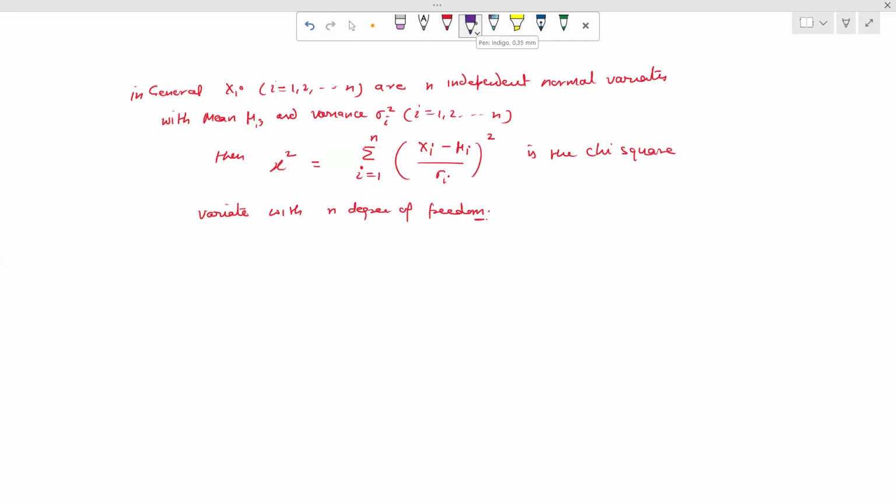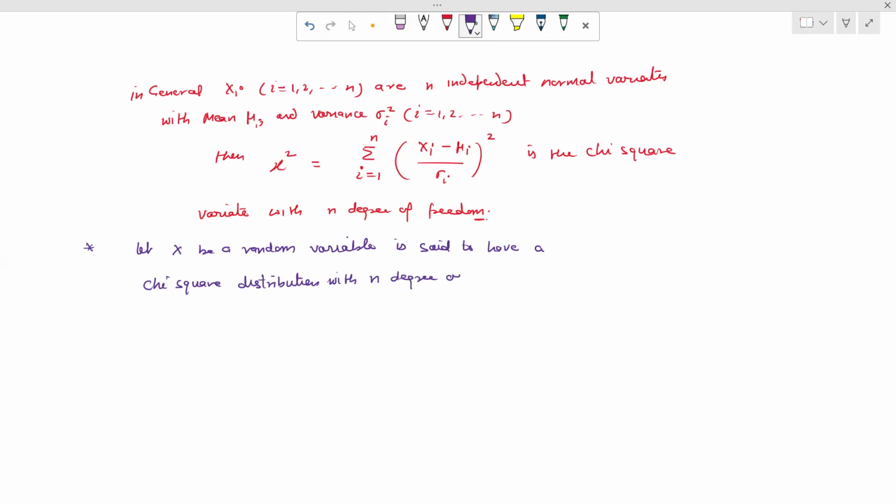Now we move to the PDF of the chi-square distribution. We define this distribution as: let X be a random variable. X is said to have a chi-square distribution with n degrees of freedom.